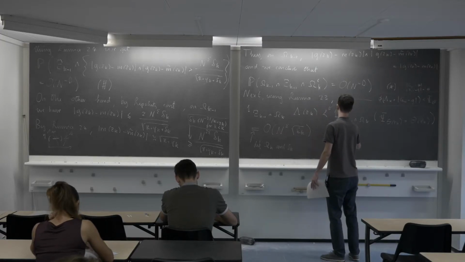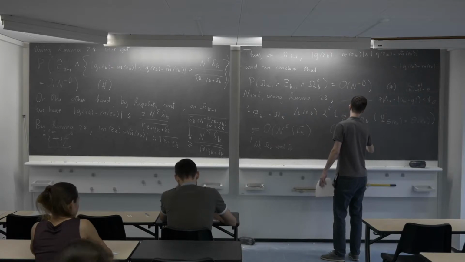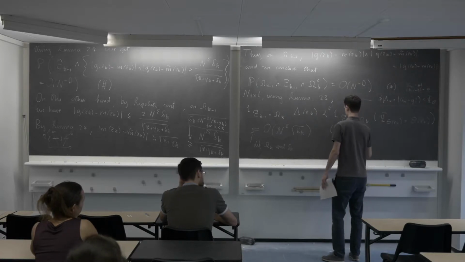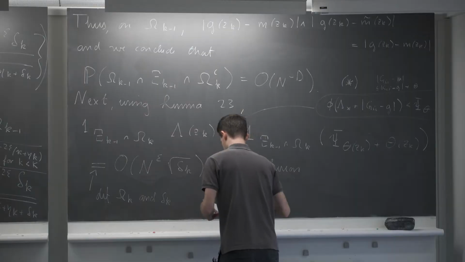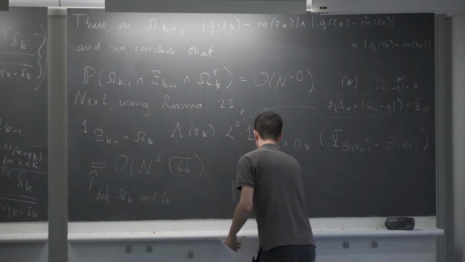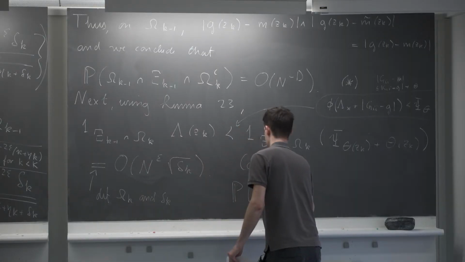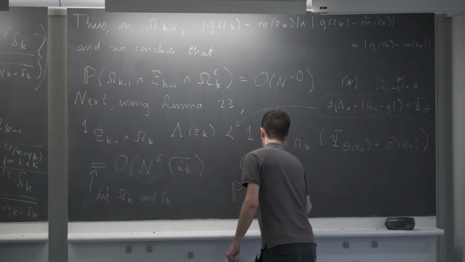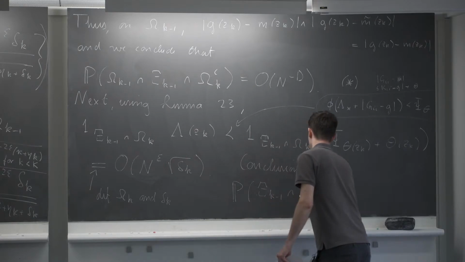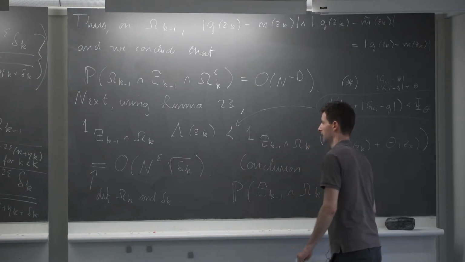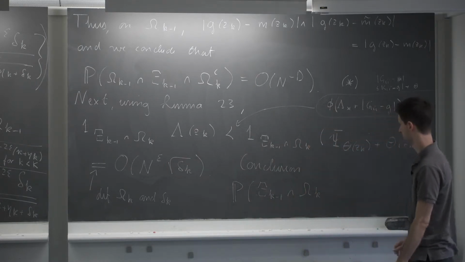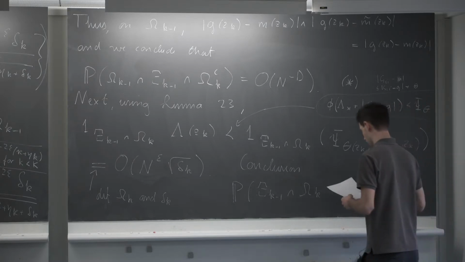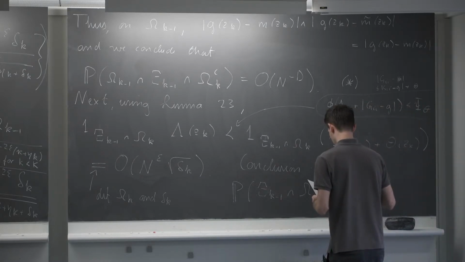So the conclusion is that on the event, let's say C k minus 1, and the event omega k, then the event ck holds with very high probability.